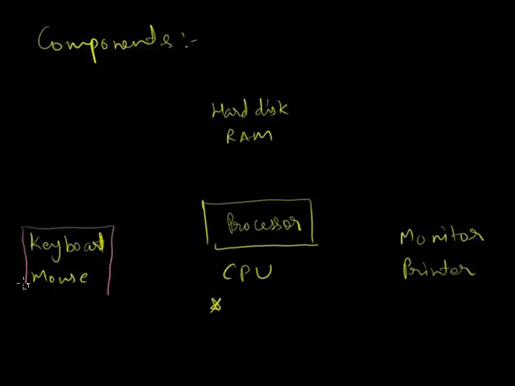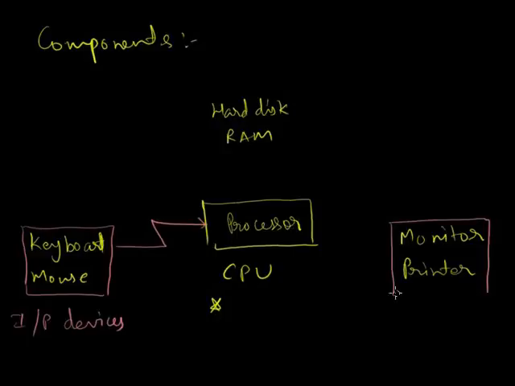So these keyboard and mouse form the input devices. These give data to the computer. Input devices. Similar to input devices, those devices which take data from the computer, which display data from the computer, or which output the data from the processor are known as output devices.